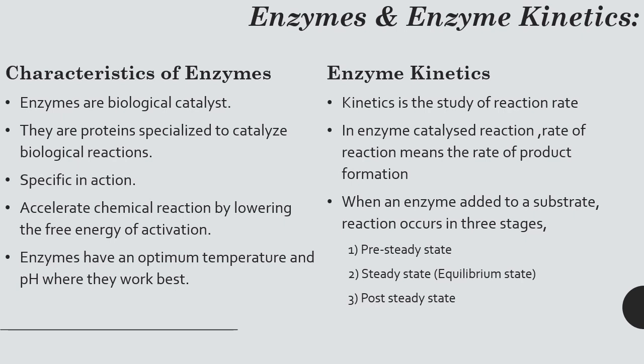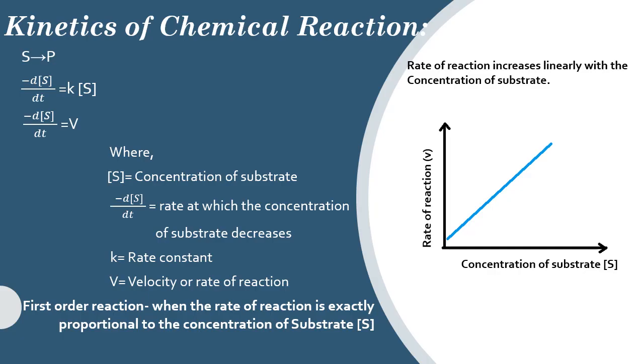Now, to understand this, we must know the basic difference between the kinetics of a non-enzyme catalyzed reaction and an enzyme catalyzed reaction. Now consider a simple non-enzyme catalyzed reaction where a single substrate is converted into product.